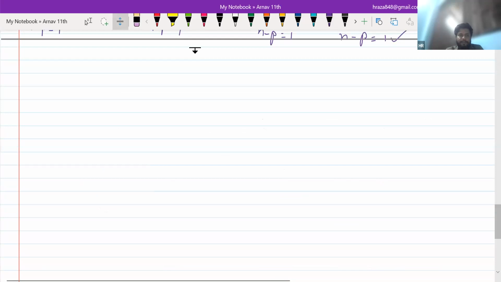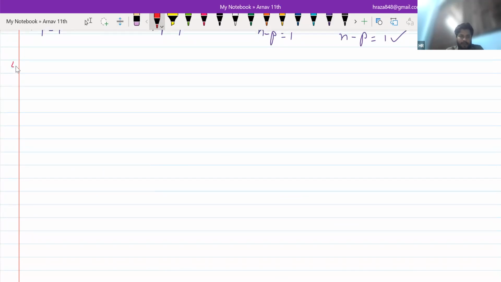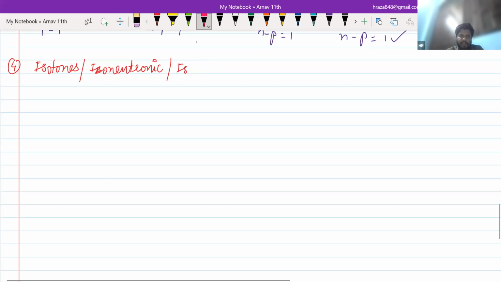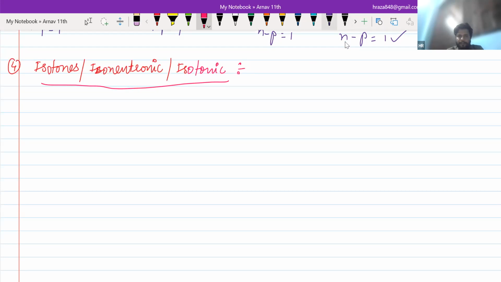Now the next important term, fourth, we call it either isotones or isoneutronic, or we can call it isotonic. That means elements having the same number of neutrons. So I'm going to define it.